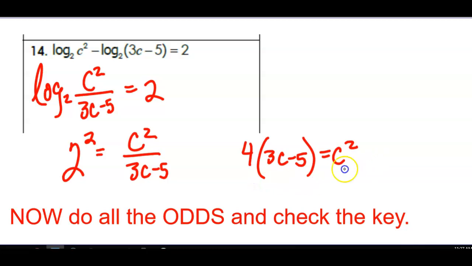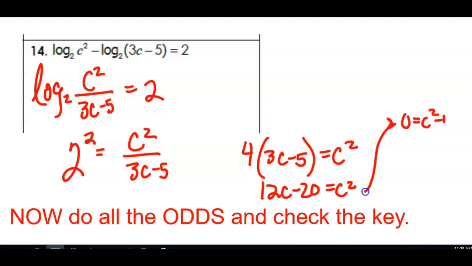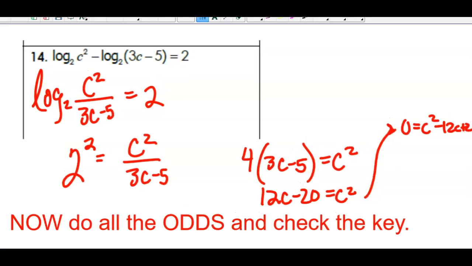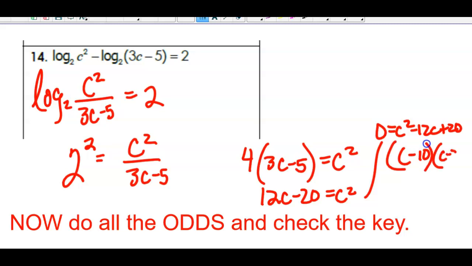Then I'm going to subtract it all back over here. So I will end up with 0 equals c squared minus 12c plus 20, which would factor c minus 10 and c minus 2.